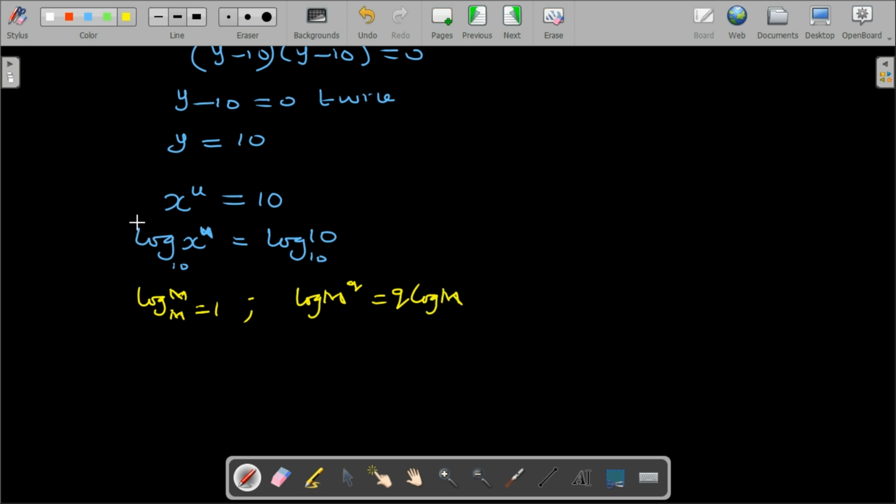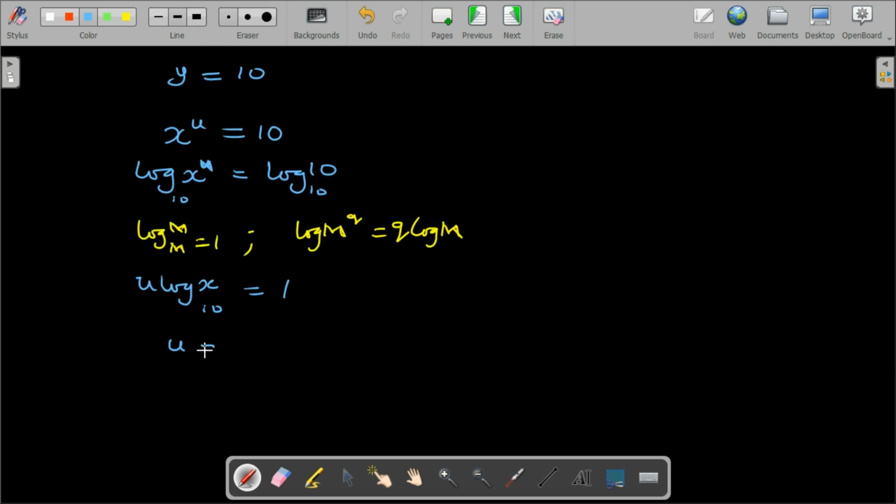So this can be written as u times logarithm of x to base 10 equals 1, so u is 1 over logarithm of x to base 10.